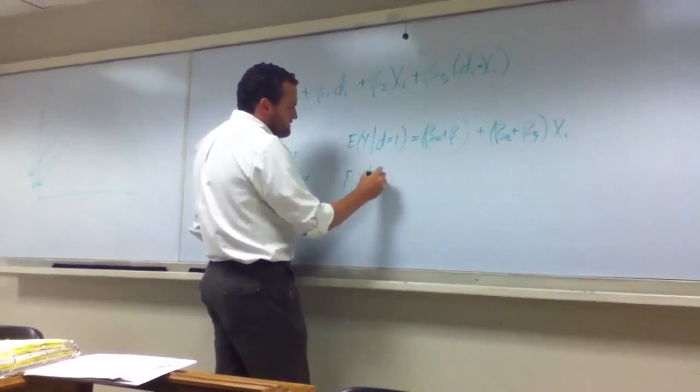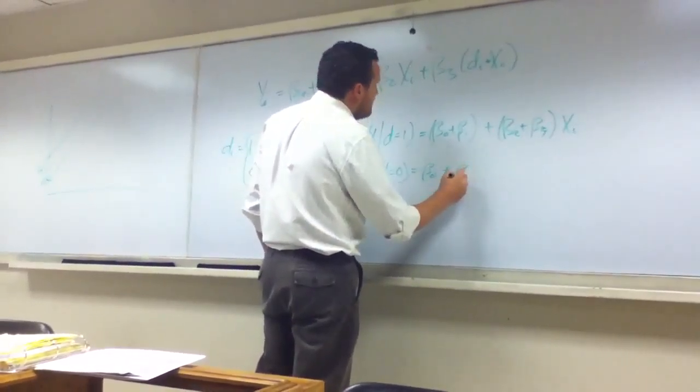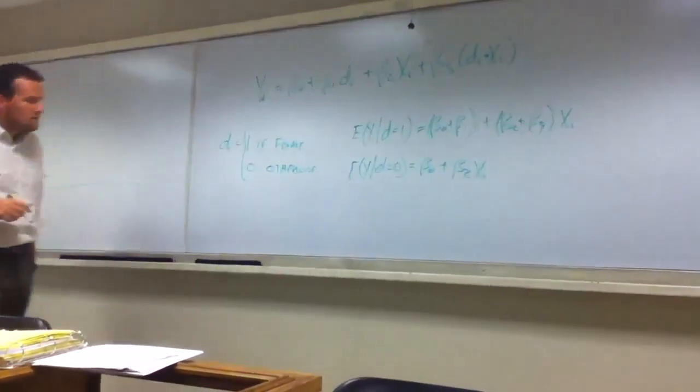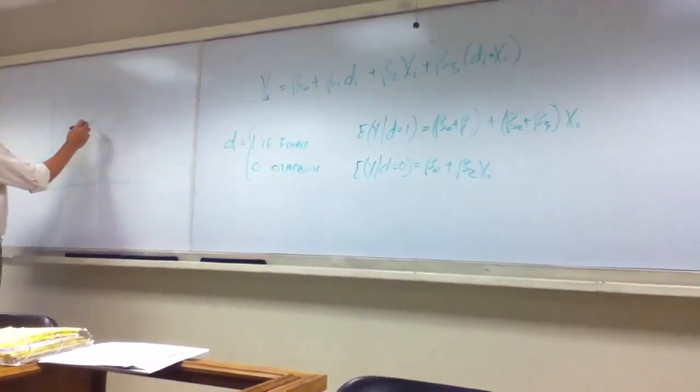Conversely, if d equals 0, we just have beta 0 plus beta 2 xi, so the slope is beta 2.